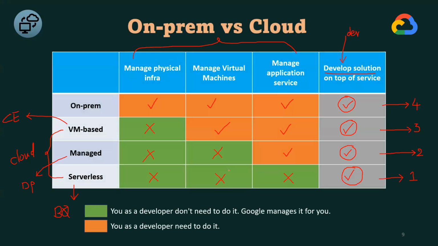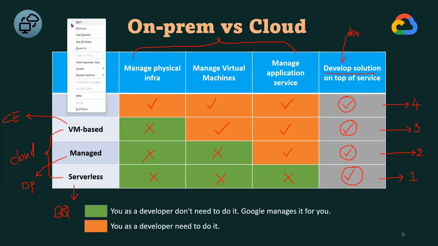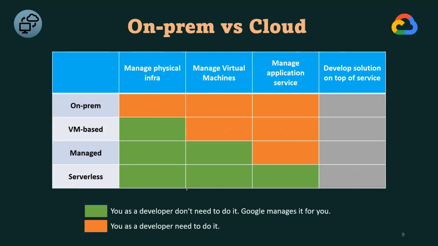So here the managed virtual machines means the middle tier, right? And the managed application services is the front end, we can say. As I am an Oracle Apps DBA, that is the way I want to say it. So we can say managed physical infrastructure is the back end, then managed virtual machines are nothing but the middle tier, and managed application services are nothing but our front end, web servers. Yes, correct.